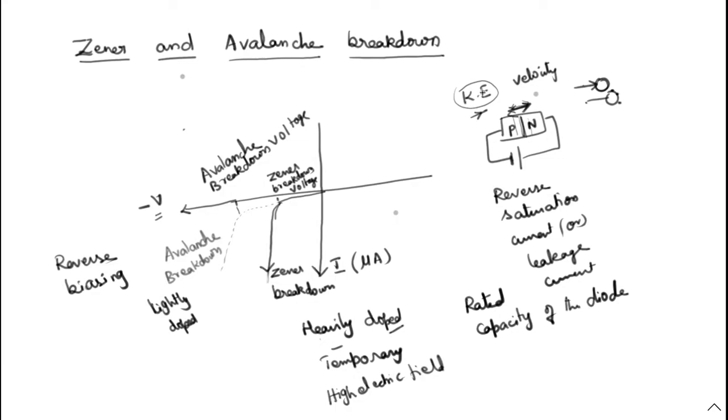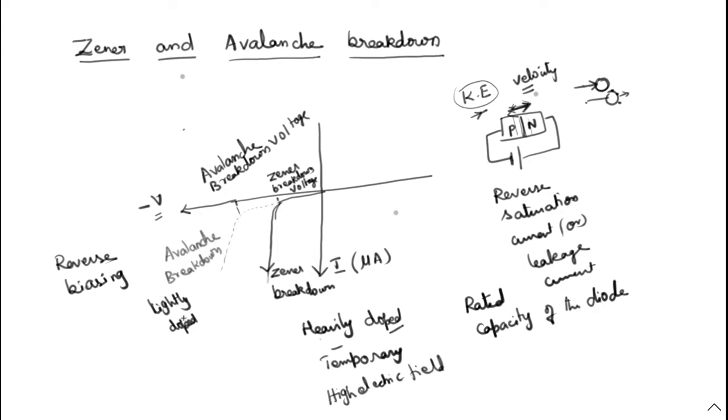Due to that, the electrons get very high velocity. Due to this very high velocity, the electrons collide with the other atoms in the material, so that electrons are detached from the atoms. So more and more electrons and holes are created, which produces a very high reverse current. Because of this, the avalanche breakdown occurs in this diode.